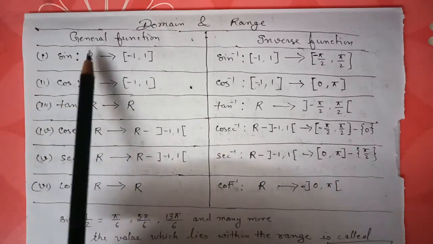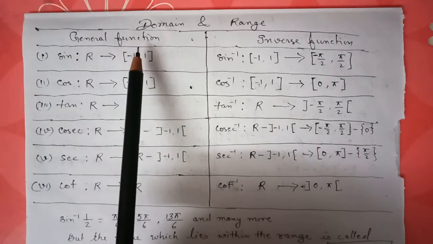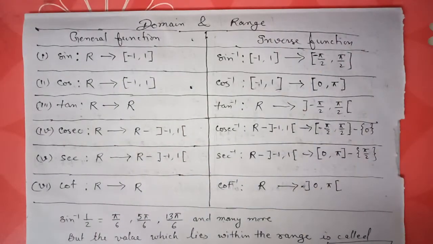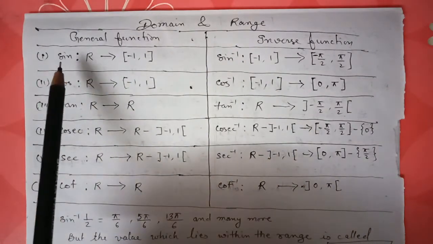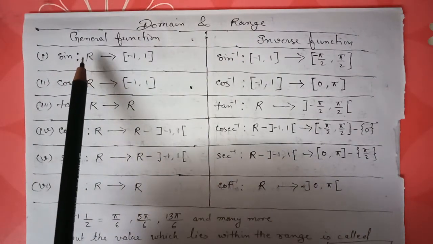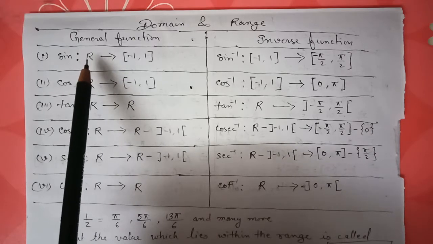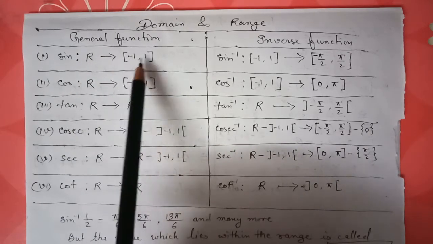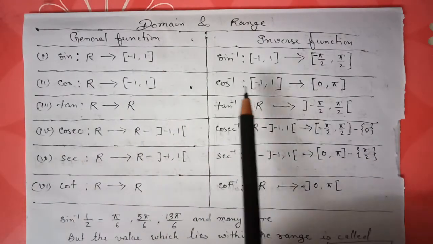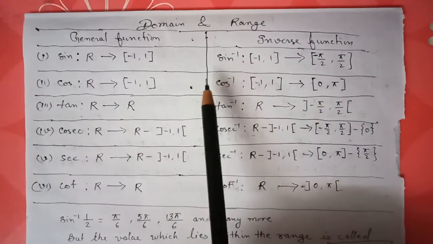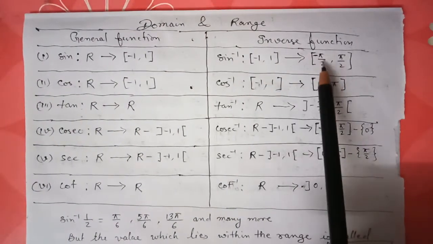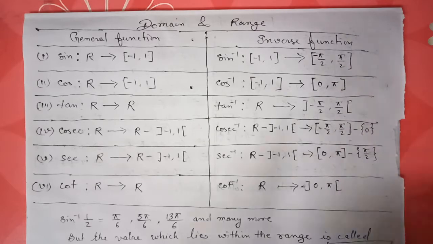Here we have the general trigonometric function, and this is the inverse trigonometric function. Sine function is from the whole real numbers to the interval -1 to +1. Sine inverse function is from -1 to 1 to -π/2 to π/2.